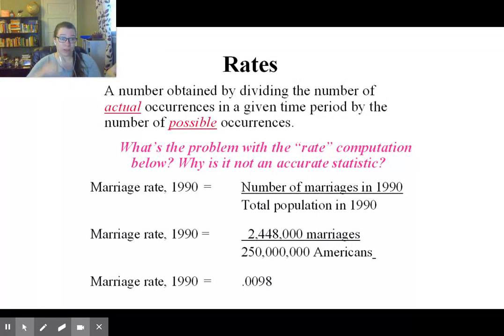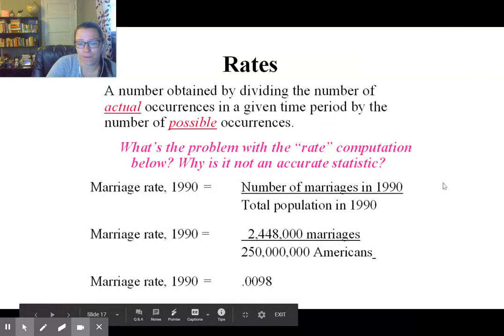We know the number of marriages and the number of Americans, but that doesn't give us everything we need to know. So we are not going to be using rates. We are using the data that we have, and we're going to take the proportion and the percentage from that data, and we are not going to worry about rates. So that is frequency tables, proportions, and percentages, as well as cumulative percents, and why we don't use rates.